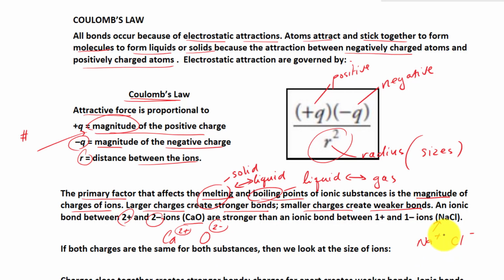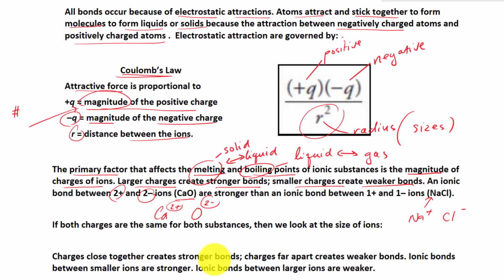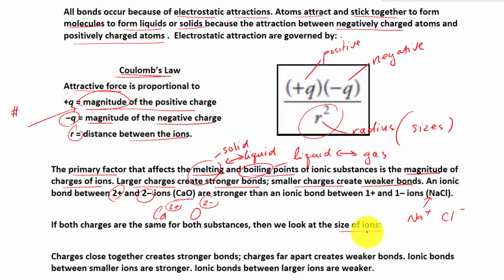Now, what happens when you have two ionic substances that have the same charges? That happens all the time. Well, if that's the case, we look at the size of the ions. And notice how this is division. So the greater the number here, that would cause a decrease in attraction. So the smaller it is, the greater the attraction. So in this case, charges closest together create a stronger bond.